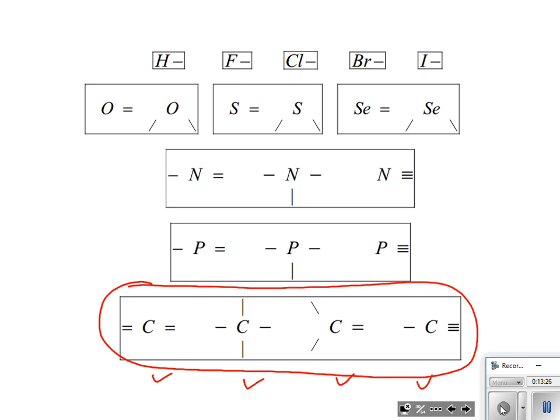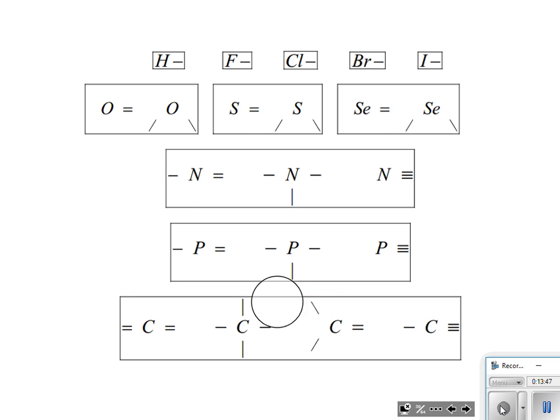It could have a double bond with 2 singles, or it could just have 4 single bonds. This diagram is going to be very important in the next coming days, weeks. It's going to be big when we talk about Lewis structures, and I believe that is tomorrow.